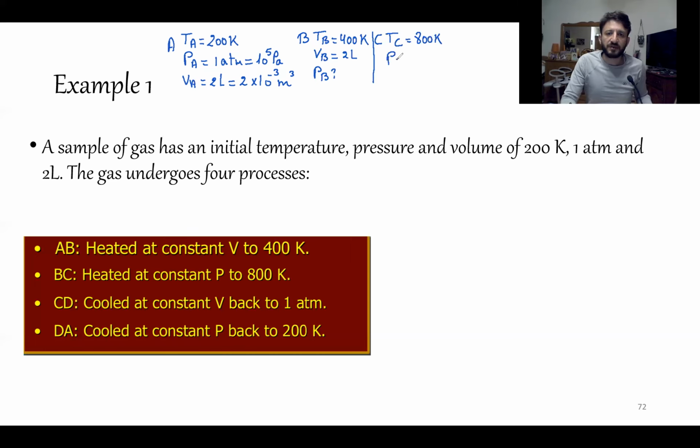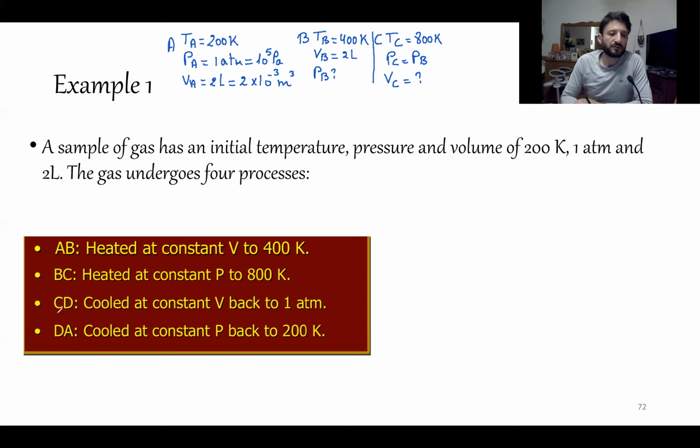We have PC equals PB, and I don't have the value of VC. Okay, it's an isobaric process.